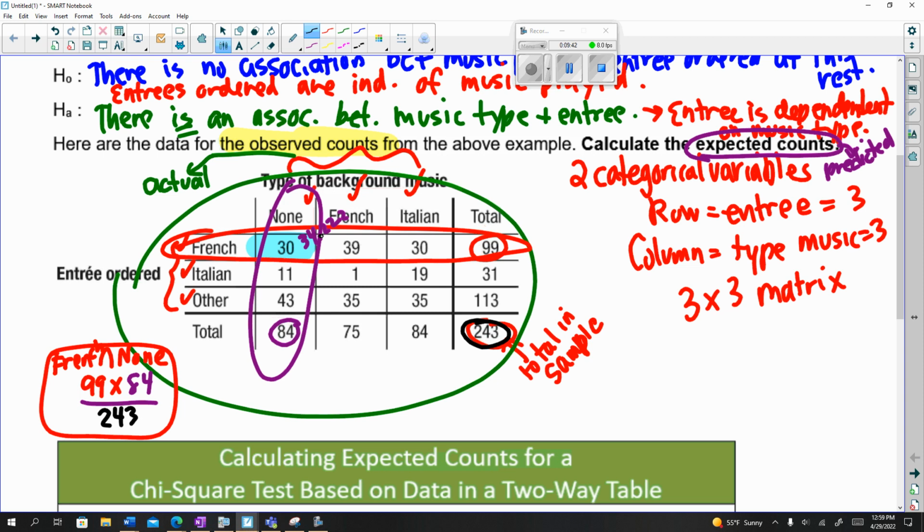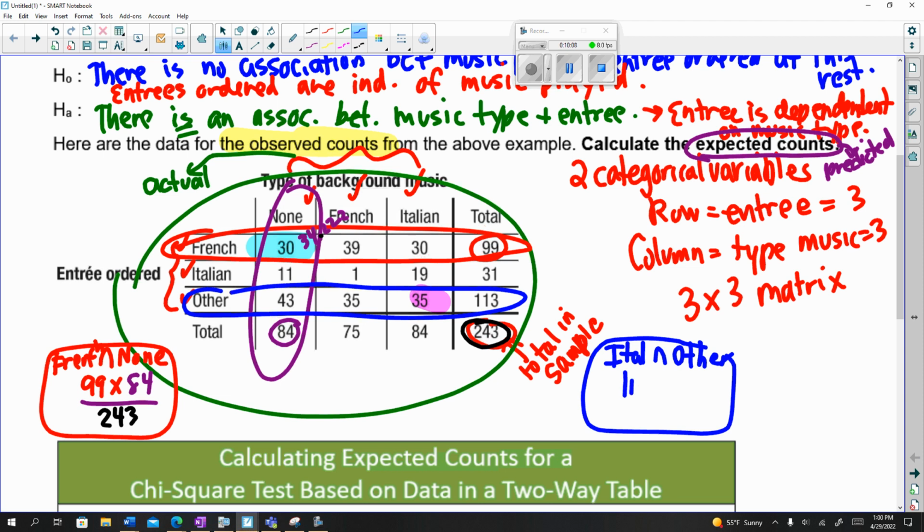All right, now let's do the one on the bottom right. I'll highlight this one in pink, and this is going to be Italian and other. I'll do it over here: Italian and other, intersection. So row total times column total divided by total. The row total for other is 113. The column total for Italian is 84.